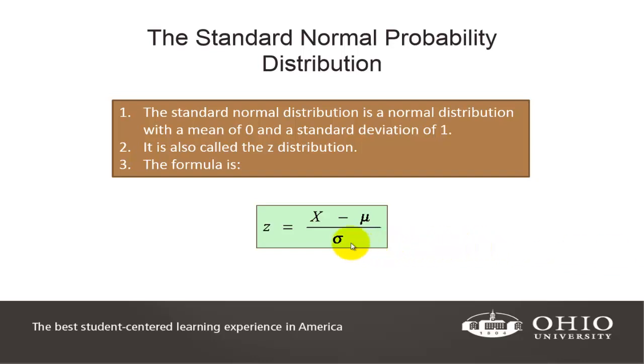And the formula for that is that z is equal to x minus mu divided by the standard deviation. So this is the population mean. This is the value of your random variable, whatever the random variable is. And remember when we talked about sampling error, if this difference between the value from the sample and the population parameter is bigger, then z gets bigger and bigger.